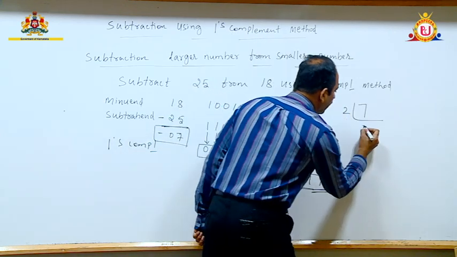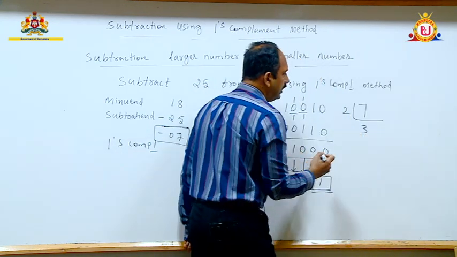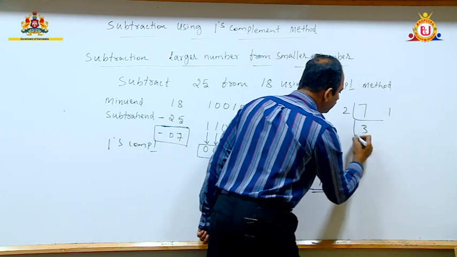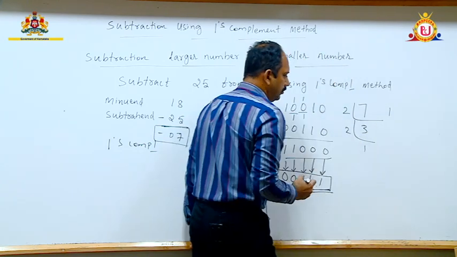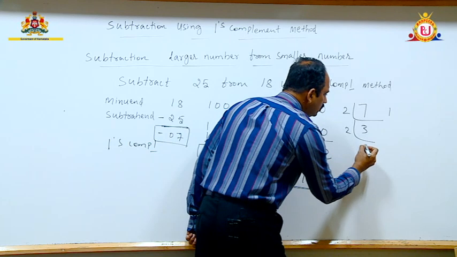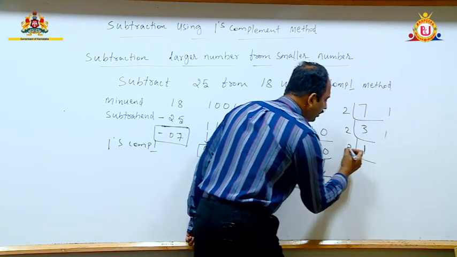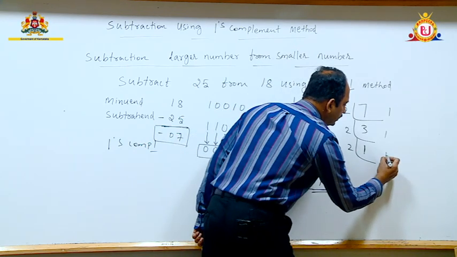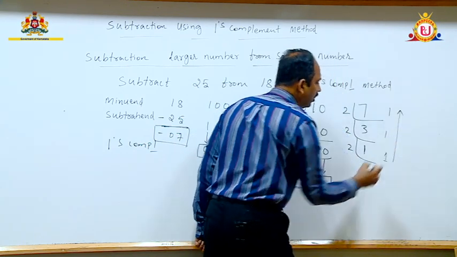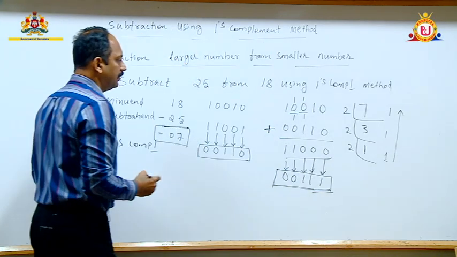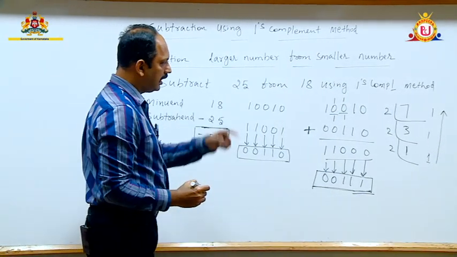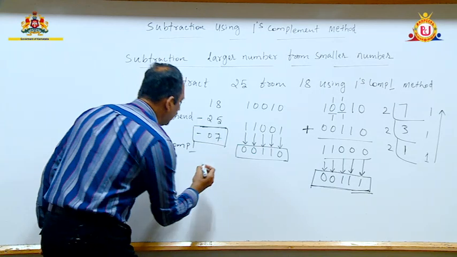7 is divided by 2. 2 times 3 is 6, difference is 1. 2 times 1 is 2, difference is 1. And 1 cannot be divided, so it is written as it is. So what is the result of this calculation? 111.